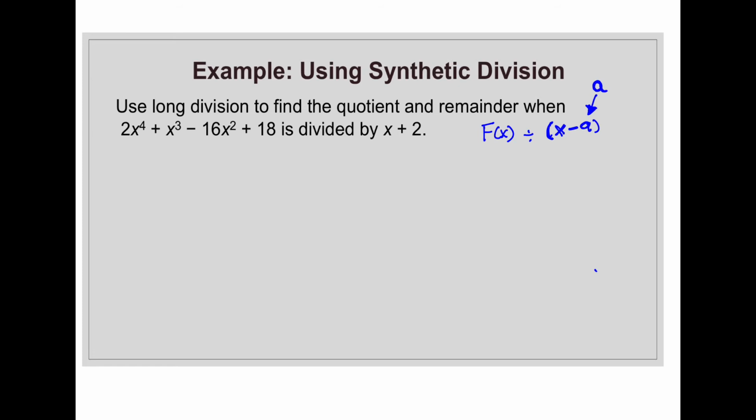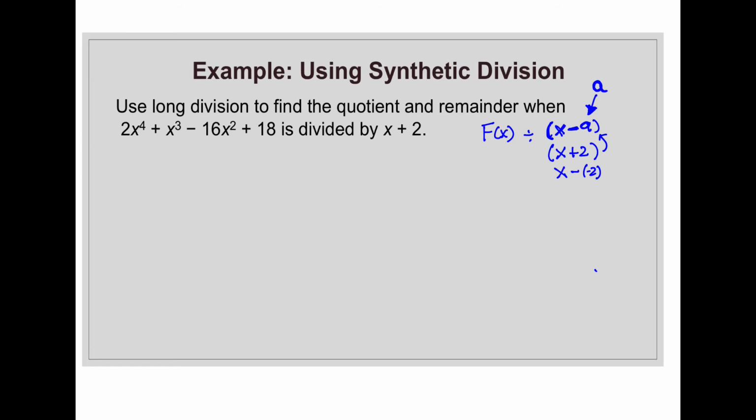And now I know a lot of times we're not going to get 0 as a remainder, but that's okay. We're still doing a division, and we're just ending up with the remainder. So in other words, if I have x plus 2, which is what I have here, with the x minus a, we would want to think of a as being not 2, but negative 2, because x minus negative 2 is what gives me x plus 2.